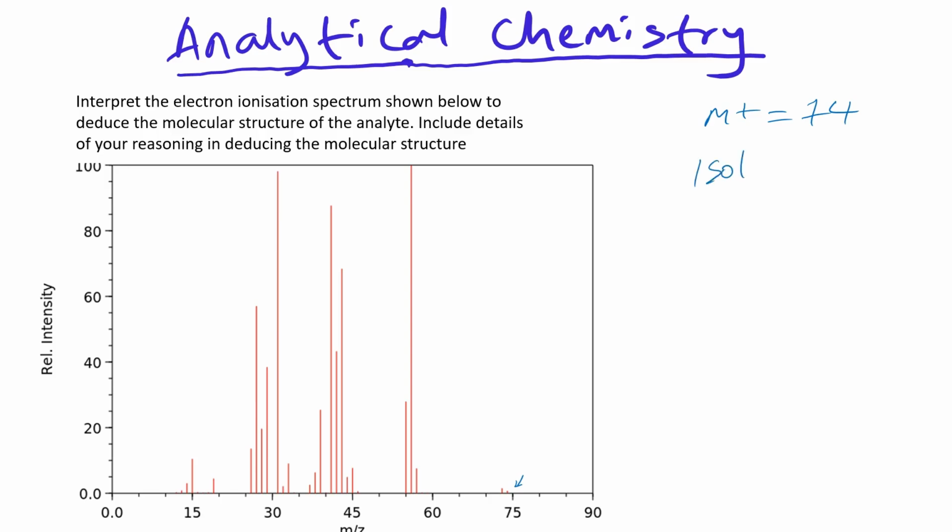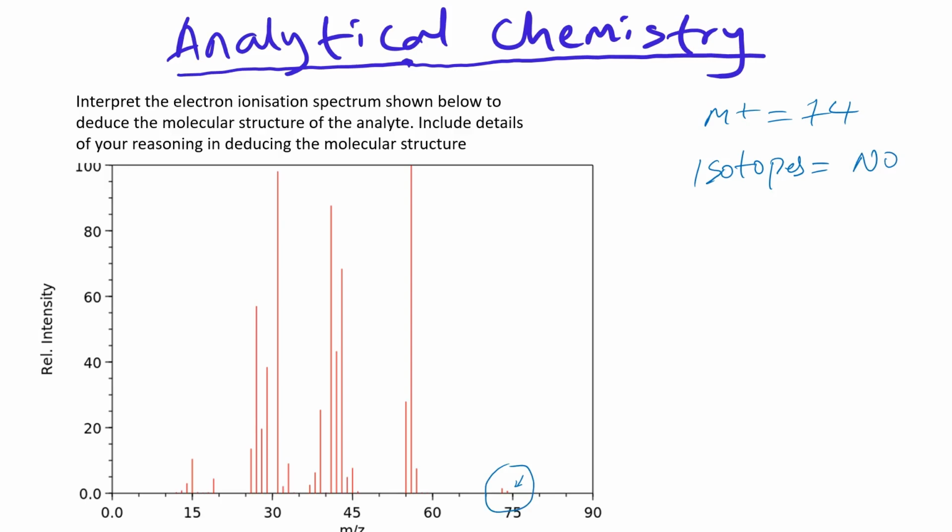Do we have an interesting pattern in the peaks? If there are isotopes, you see the patterns mostly on the molecular ion peaks. From here we can see there is no interesting pattern, and hence there are no isotopes.